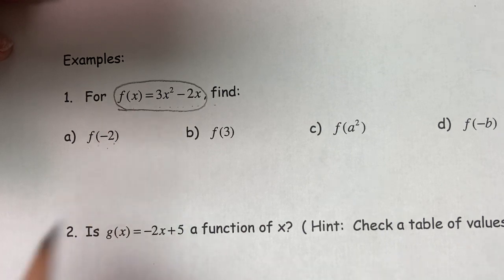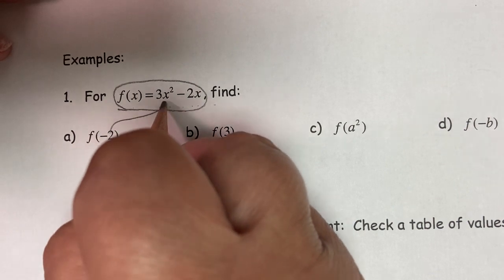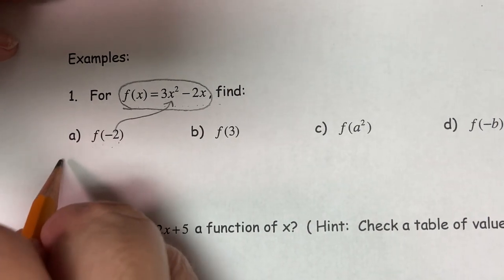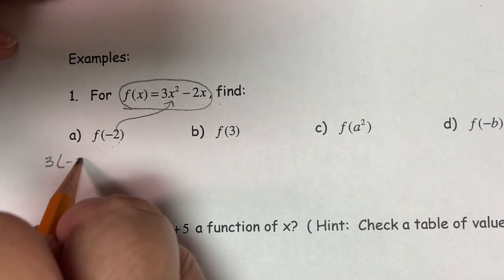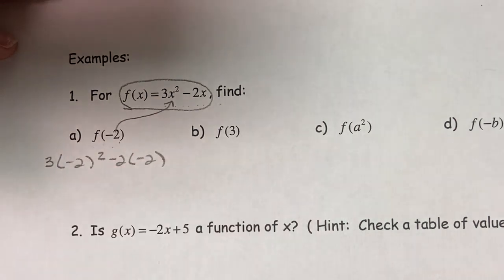All that means is you're going to take the negative 2 and you're going to plug in negative 2 wherever you see an x. So f of negative 2 would simply be 3 times negative 2 squared minus 2 times negative 2. You just plug and chug.